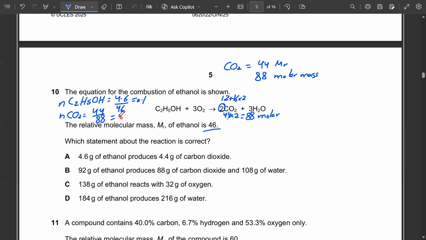So it will be equivalent to 0.05. Now these two are different values. 0.1 and 0.05, they are not the same. So that means statement A is incorrect.